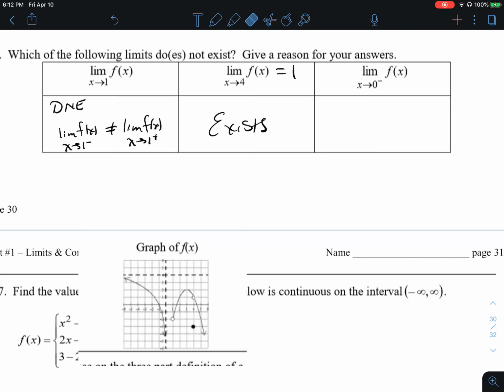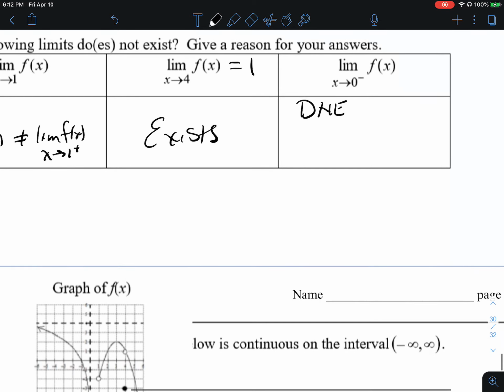So we don't have to give a reason if it does exist, just if it doesn't. And then as x approaches 0 from the left, this does not exist. Because this is approaching negative infinity. Negative infinity is not a number.